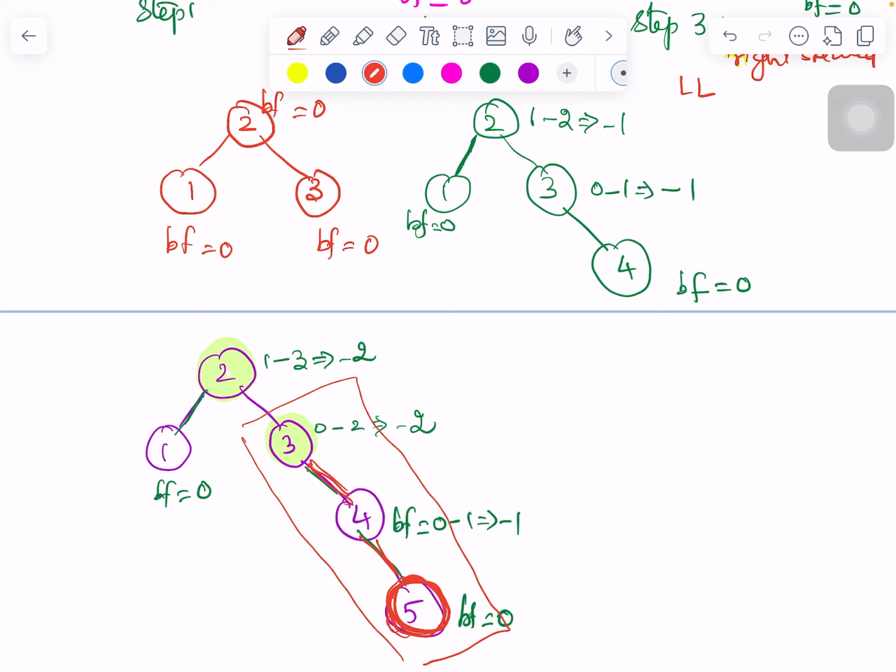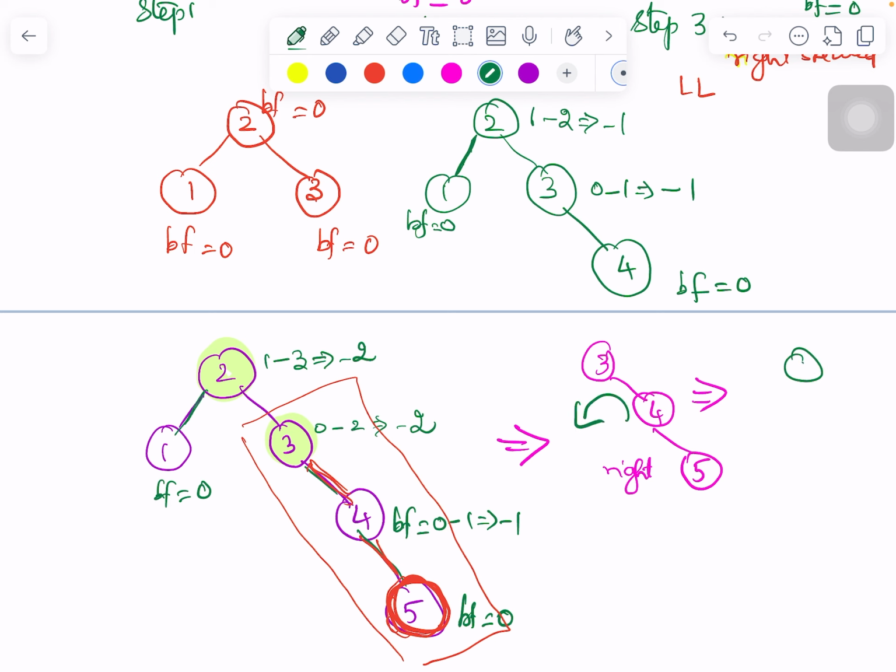So now let us redraw the tree. Let us perform the rotation first. You can take this 3, 4 and 5 separately and perform the rotation. So this all is right skewed. If it is right skewed, what rotation are we supposed to perform? We have to rotate it towards the left.